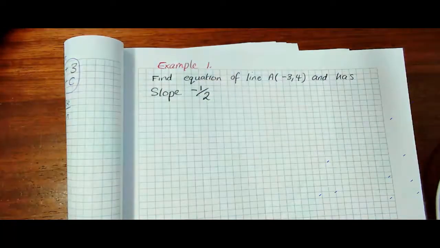Okay, so that's the question. So we're asked to find the equation of the line that passes through the point -3, 4, and has the slope of -0.5.